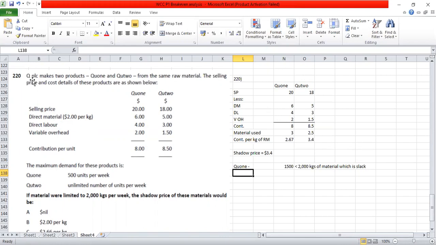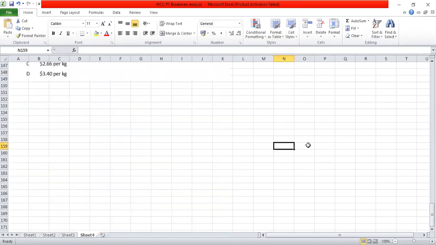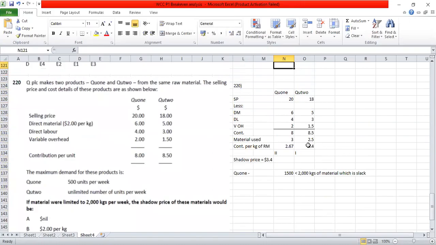Even so, when we see the contribution per unit of the limiting resource, Q2 is better. When the ranking is done, this is 1 and this is 2. So all the material will be transferred to the production of Q2 only, because Q2 seems to be better and will contribute a contribution margin of 3.4 for every single unit.